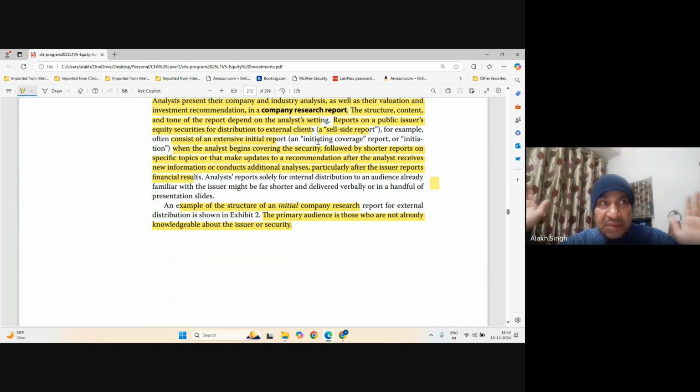Extensive means it gives much more detailed reports, because you don't know your client base. Some might be good in finance and others might be just ignorant. So you will have to give more details so that it covers a larger number of clients' knowledge. And what about buy side?